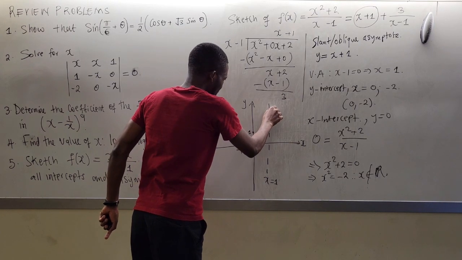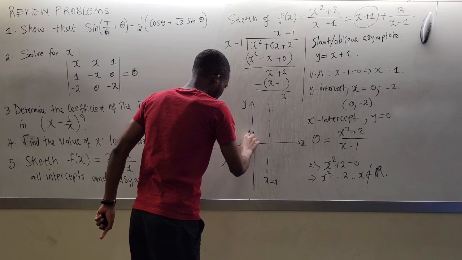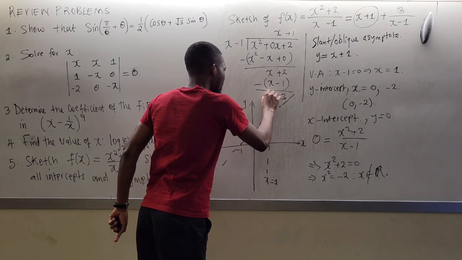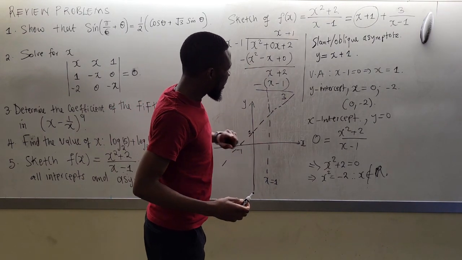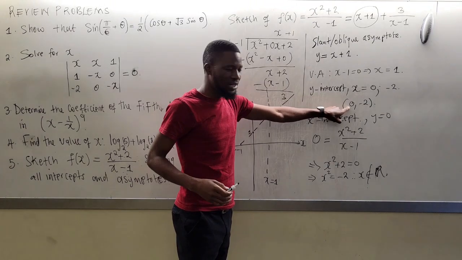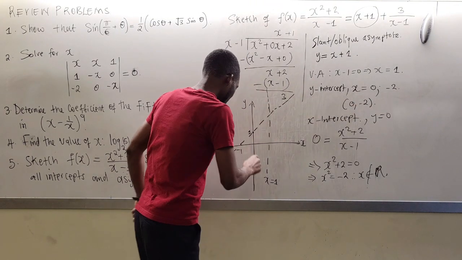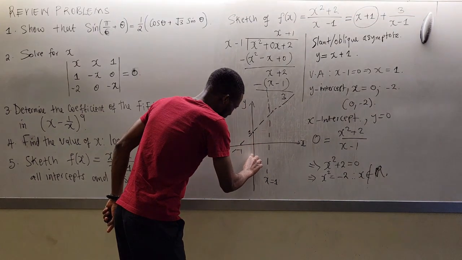So the slant asymptote passes that way. Now we have the y-intercept. So this function passes at 0, -2.